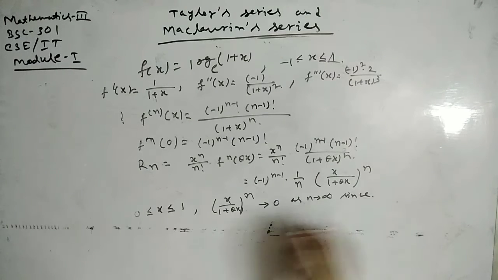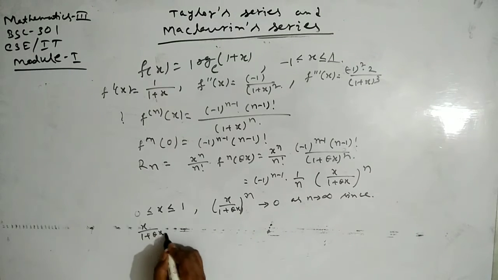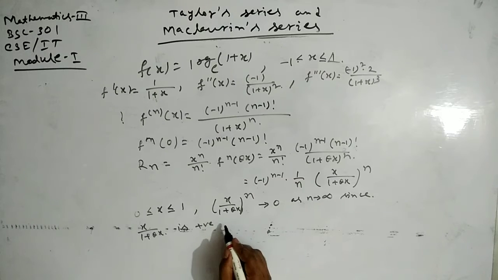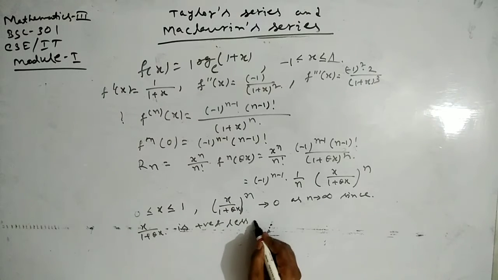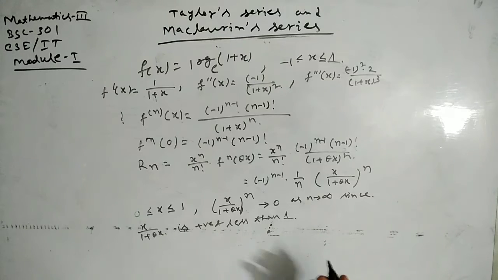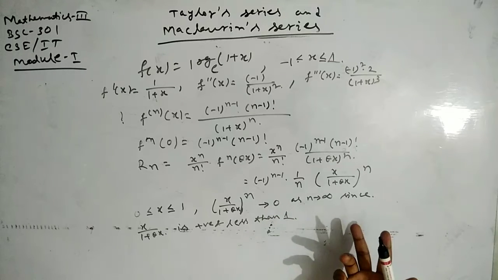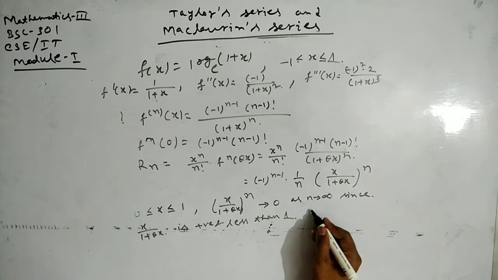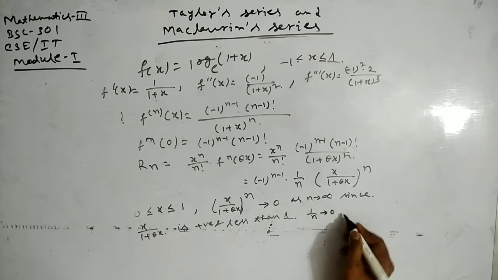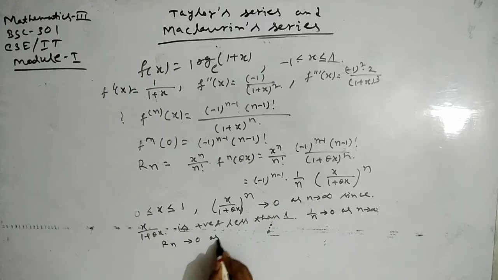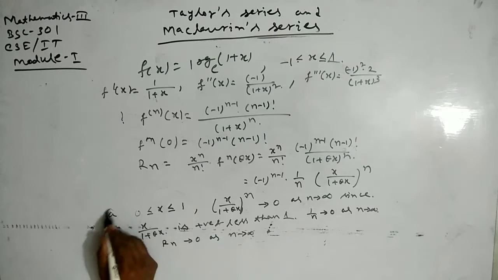Since x by 1 plus theta x is a positive term and it is less than 1, (x by 1 plus theta x) to the power n will tend to 0 as n tends to infinity. Also 1 by n tends to 0 as n tends to infinity. So finally we can conclude that Rn tends to 0 as n tends to infinity. So this is point number A.